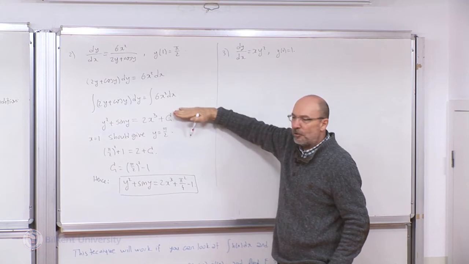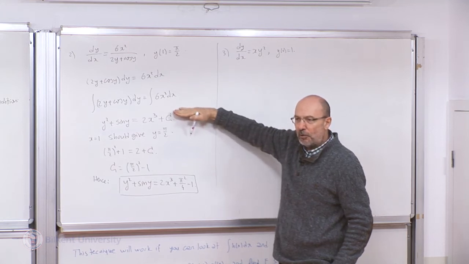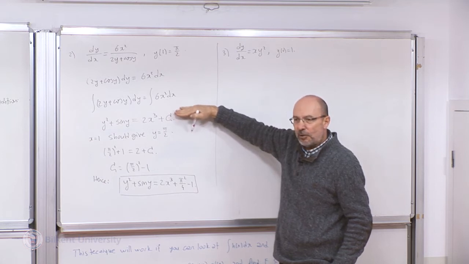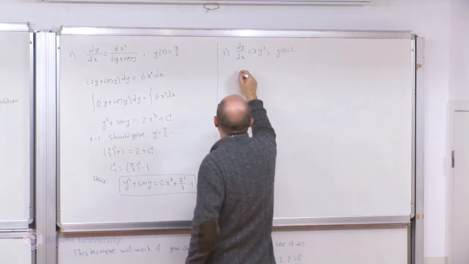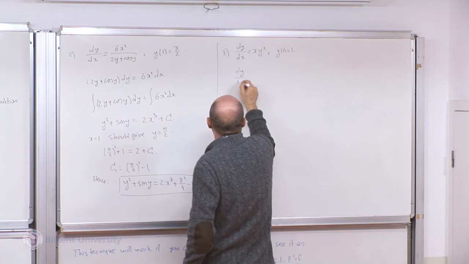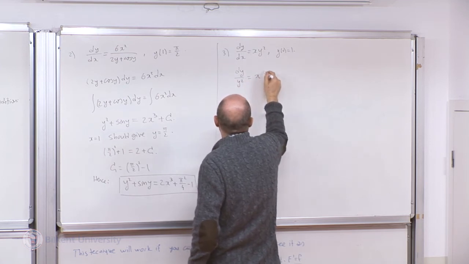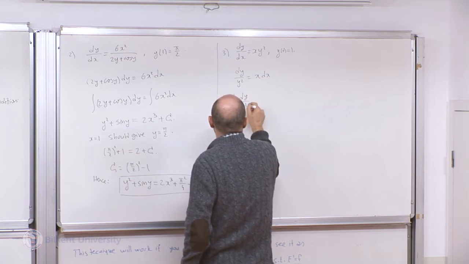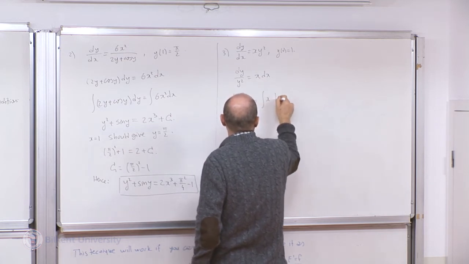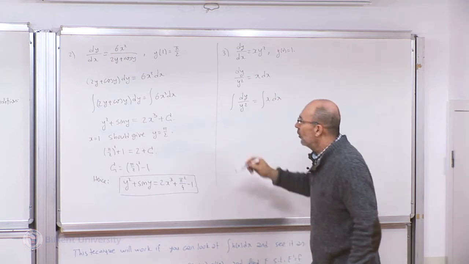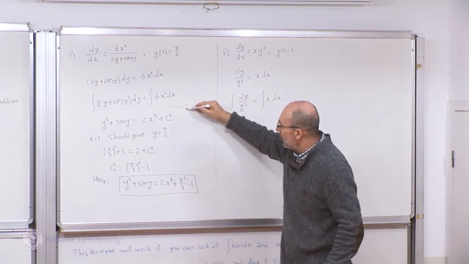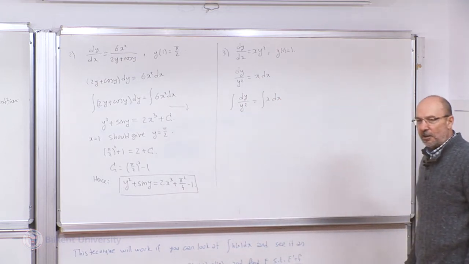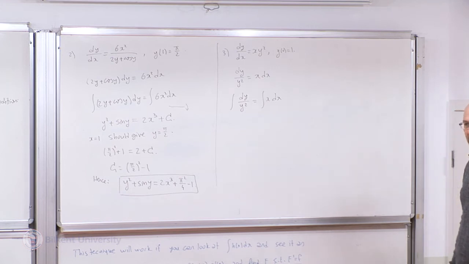Up to here, it is routine. No matter how complicated the equations are, you come up to this stage. Okay, so dy over y squared is equal to x dx. I remind myself that I need to integrate these things. Okay, so after this step, the rest is either hard work or luck or impossible.